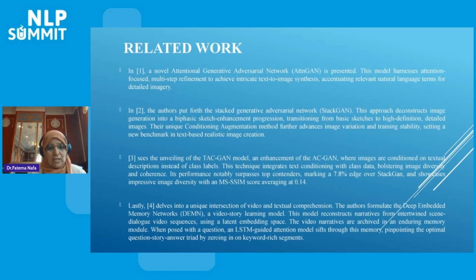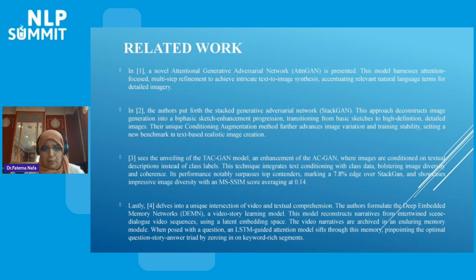Now, of course, as related work, we have a very main base of most interesting work that has been presented. The first reference, in 2018, introduced the attention generative network, designed for detailed text to image creation.